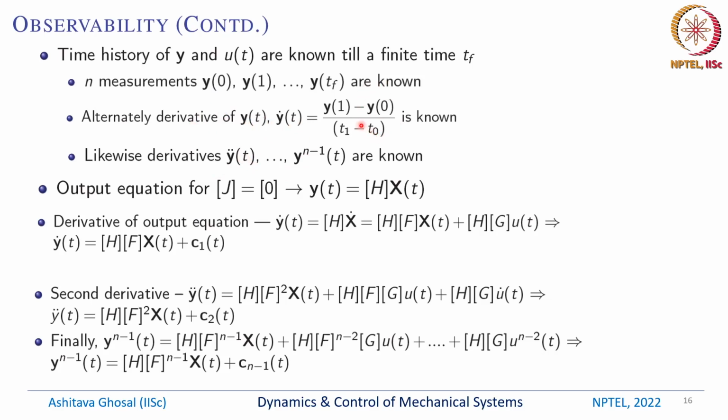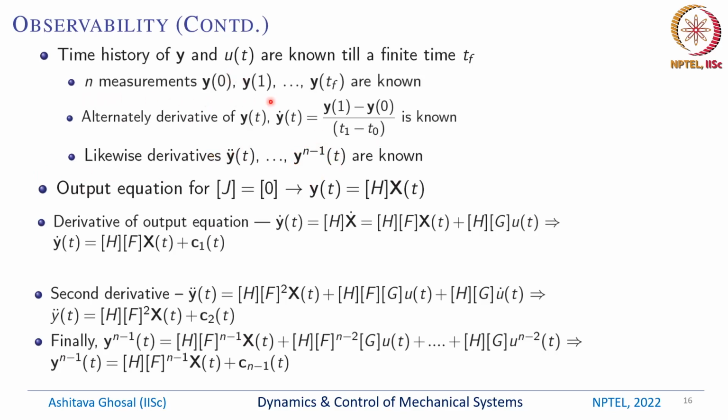That also we can find out. So basically we can use some kind of finite difference. So y double dot will have y2, y1, and y of 0, and then it will have t2, t1, and t of 0. Okay, so all the derivatives up to y to the power n minus 1 can be obtained from these n measurements.